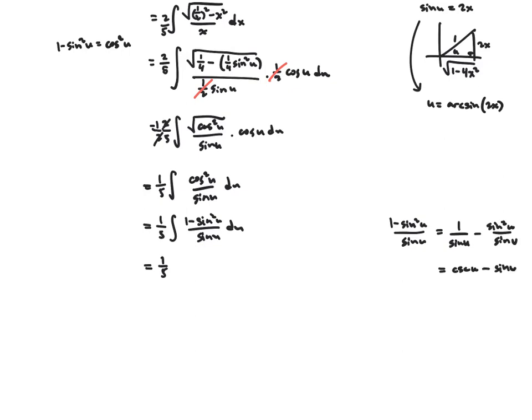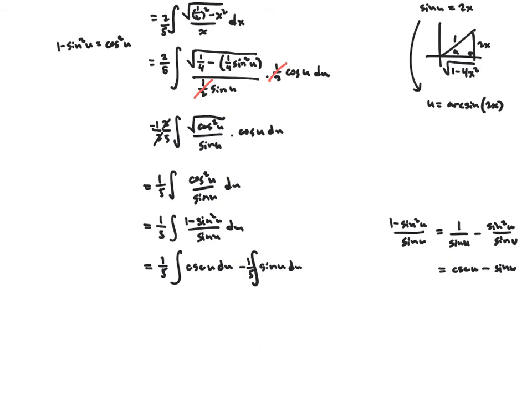Minus sine of u. And I know the integral of sine of u. So this is going to be the integral of cosecant of u du minus the integral, I got to distribute that 1/5 to this one as well, of sine of u du. All right, so we're going to do a little work with cosecant of u, and then we can do the easy work with sine u.